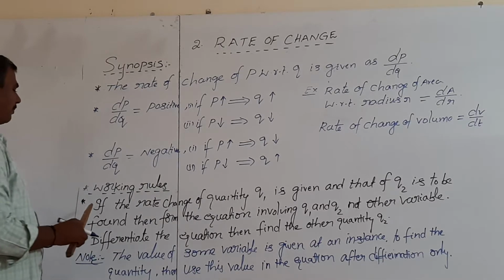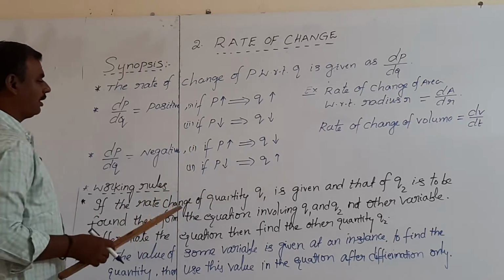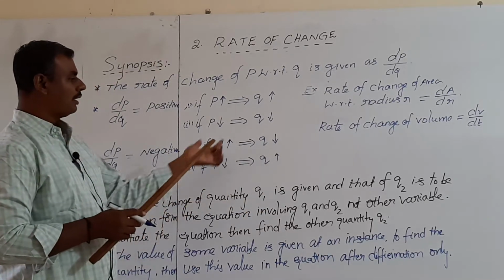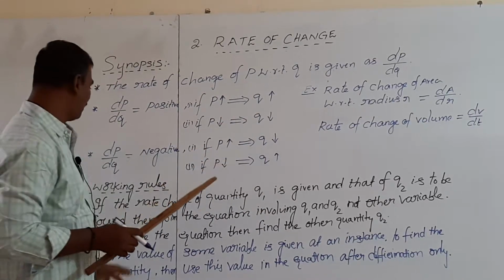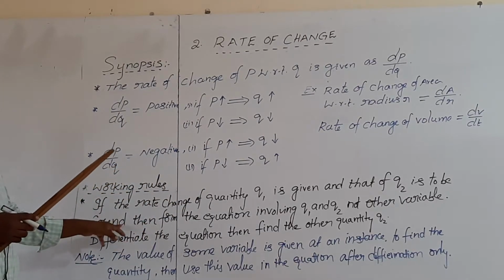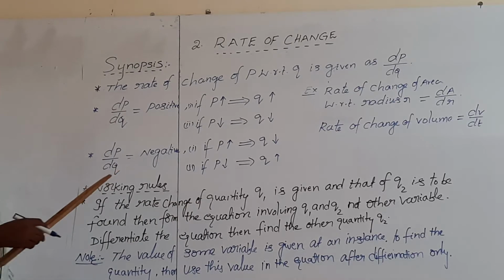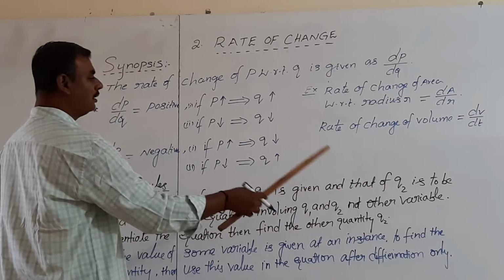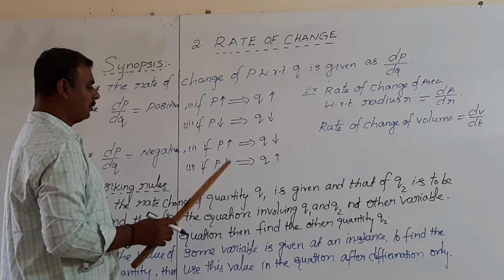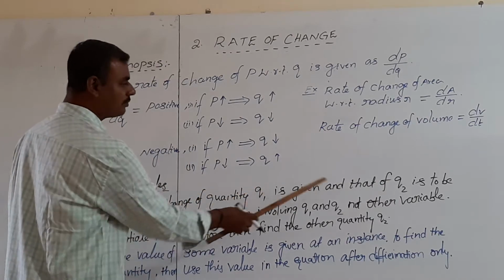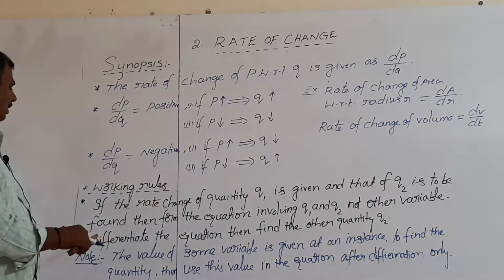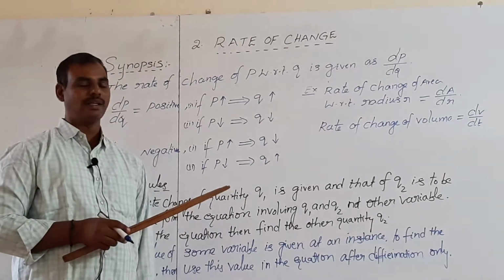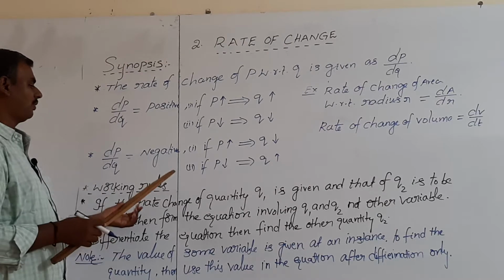The working rule is: if the rate of change of quantity Q1 is given, and that of Q2, the other quantity, is to be found, then form the equation in terms of Q1 and Q2 only, not other variables. Then differentiate the equation, then find the other quantity. This is the procedure, so remember this procedure.